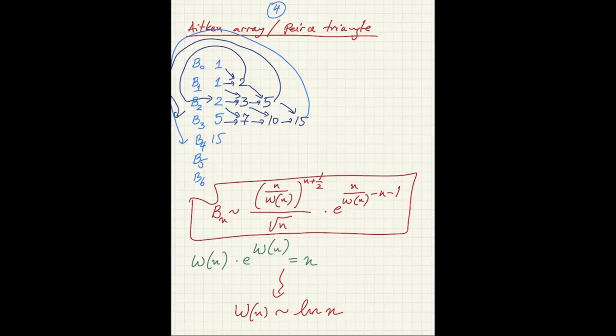Now, let's look at some other combinatorial quantities that look similar. So let's look at partitions. And let's define the following. Pkn is the number of solutions x1, ..., xk.